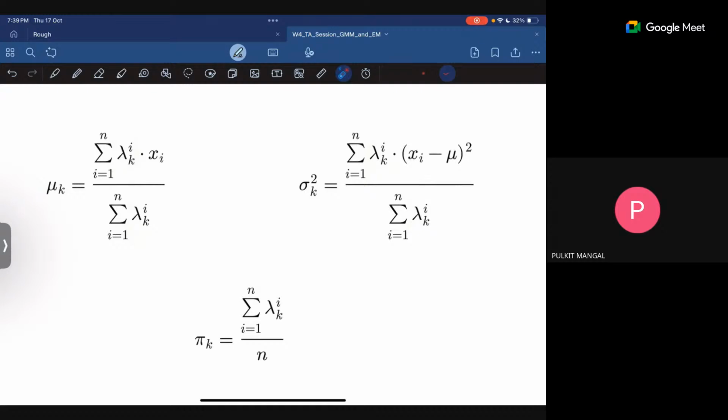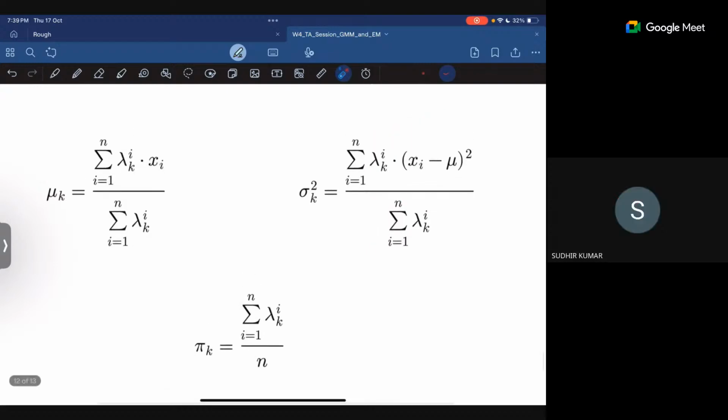If you perform MLE for a normal distribution, the parameters that you will get for mu and sigma square are the sample mean and sample variance, and in the GMM it is just the weighted average. It is again in some sense the sample mean, but now weighted by the conditional density. And same for the variance.